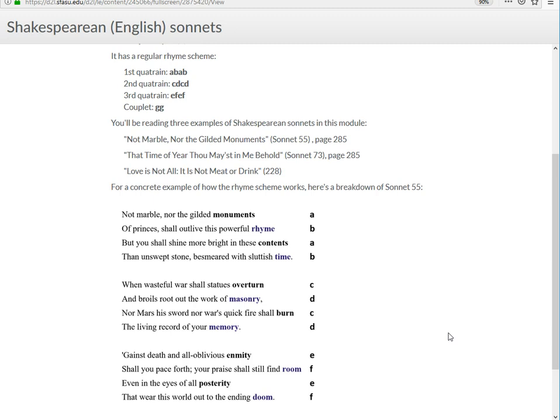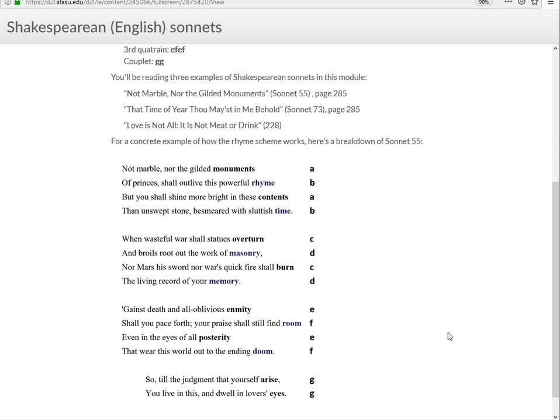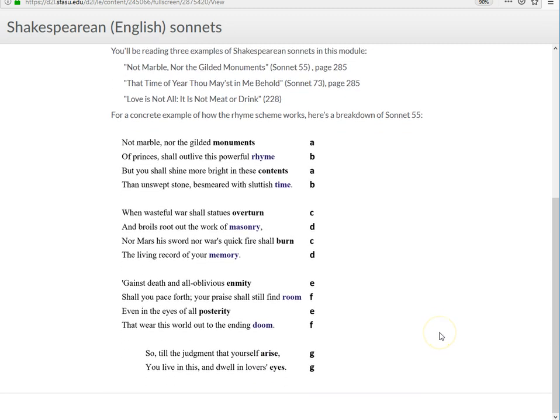Now, let's take a look at this classic English sonnet, and we'll also stop and break some stuff down so that we can understand the poem completely. So we're going to work at it a quatrain at a time. Not marble nor the gilded monuments of princes shall outlive this powerful rhyme, but you shall shine more bright in these contents than unswept stone besmeared with sluttish time.